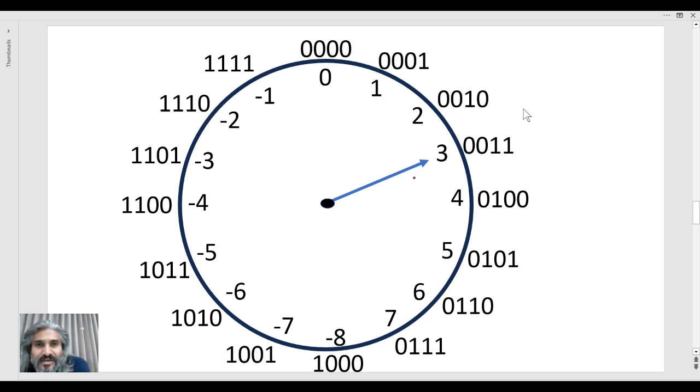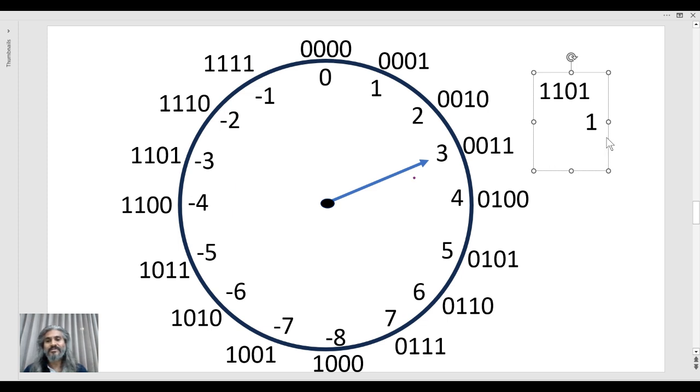Now this part is mechanics. How we can get to minus 2 from 2 is you flip the bits. If we flip these bits, we get 1, 1, 0, and 1, and then we can just add 1 to it. Now if we add 1, what will happen?